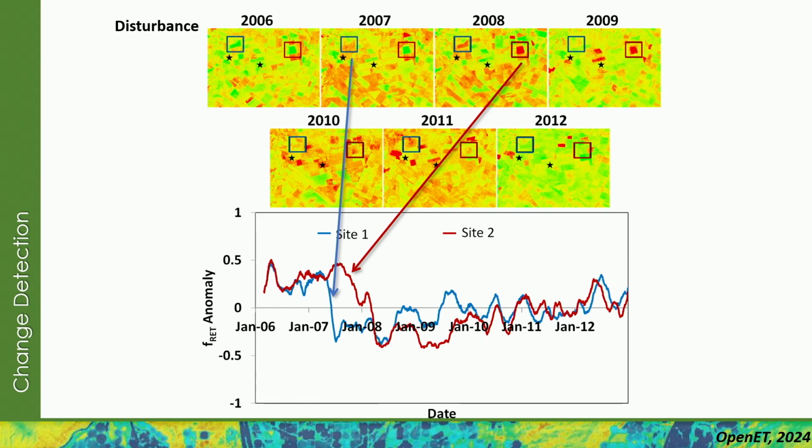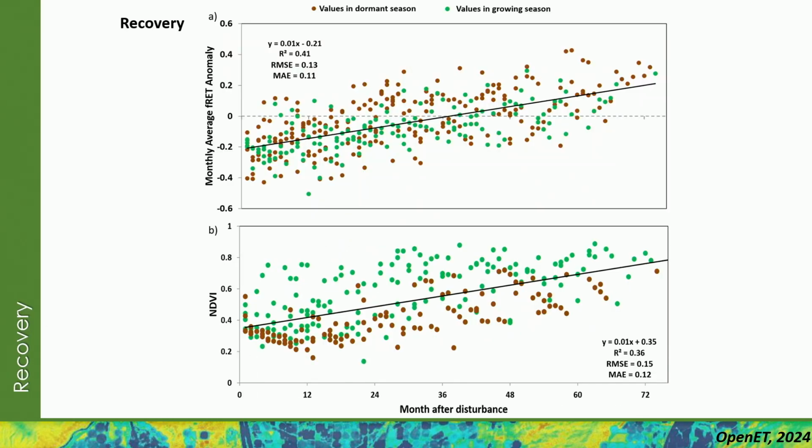To further look at the recovery, we plotted the monthly FRET anomaly from the time they got disturbed. Here the x-axis is months after disturbance. On the top is the FRET anomaly change, and on the bottom is the NDVI change, just for your reference.